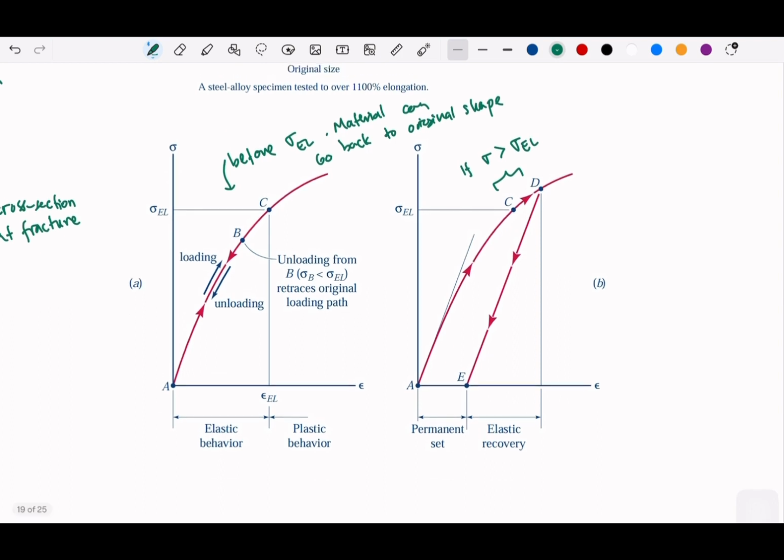This is the permanent set, that's plastic, it has been plastically deformed. We could also call this a residual strain, a strain that is going to be a residue. So it's not going back to the original.